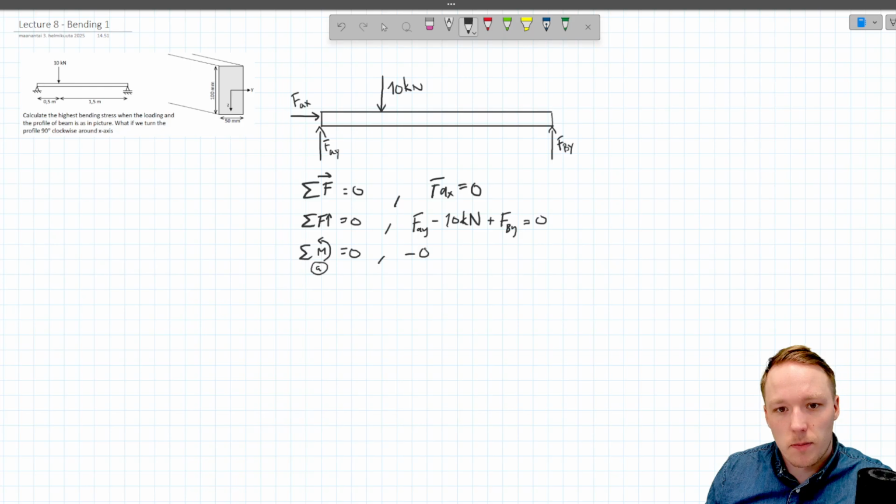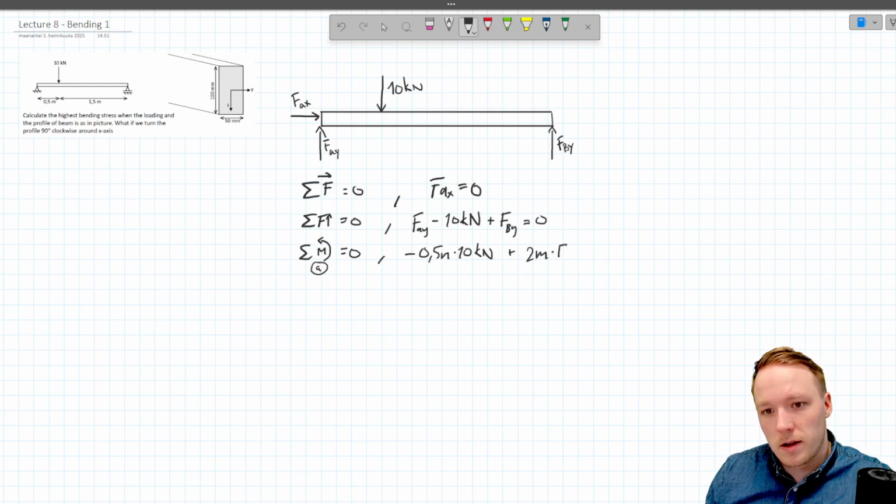We have 0.5 meters times 10 kilonewtons plus total length is 2 meters, 2 meters times FBY, and this has to be 0. Well, let's number these equations as we always do. This is number 1, this is number 2, and this is finally number 3.